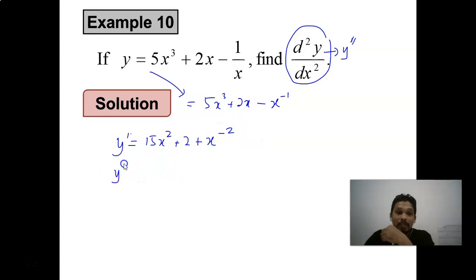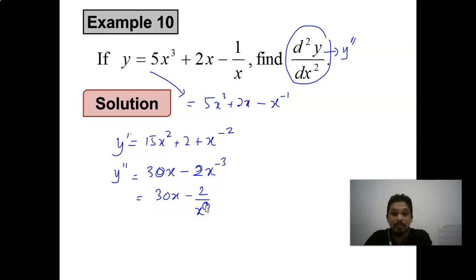And then y double prime: 2 times 15 equals 30x, 2 minus 1 equals 1. Differentiate 2, a constant, equals 0, and then negative 2 times negative 2, x to the power of negative 2 minus 1, negative 3. And this is 30x plus 4 divided by x cubed.